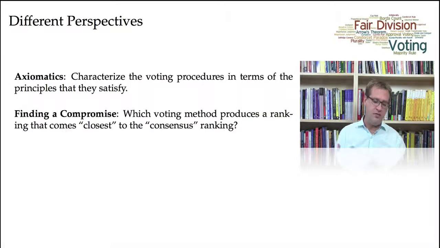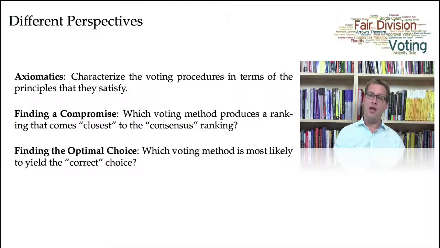But we could also characterize or classify the voting methods in terms of how they identify a compromise ordering. Do they come close to some outcome that we would identify as a good compromise ranking?